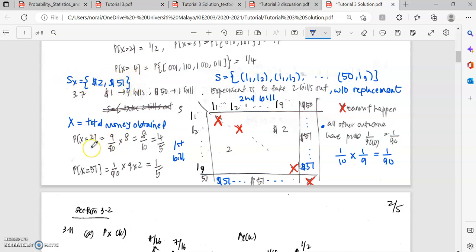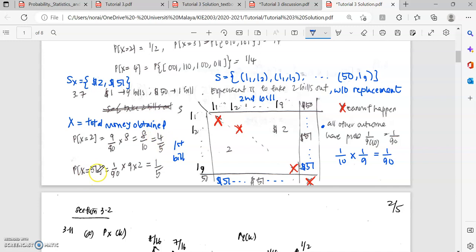Let's look at the probability of obtaining X equals 2. Each outcome has probability 1 over 90, times 9 times 8, the total number of $2 outcomes, so you get 4 over 5.